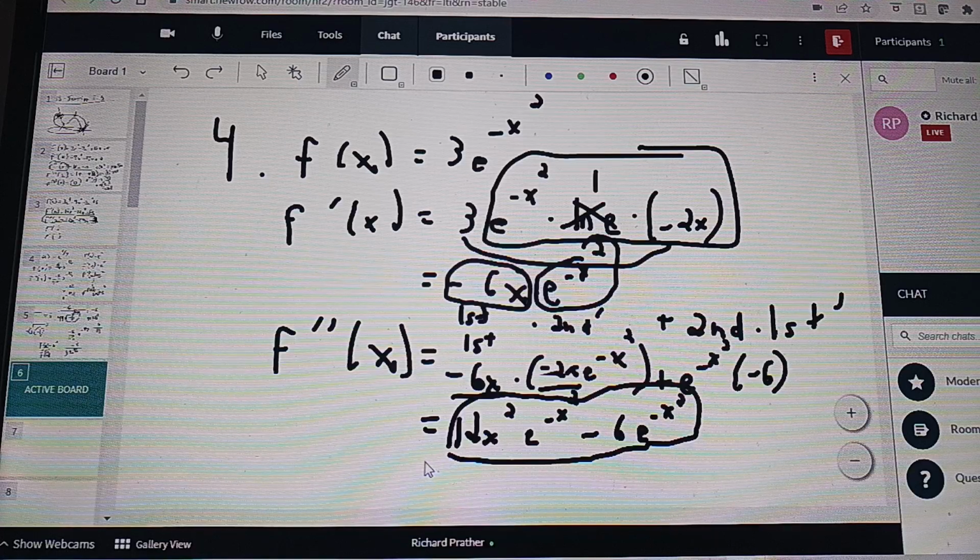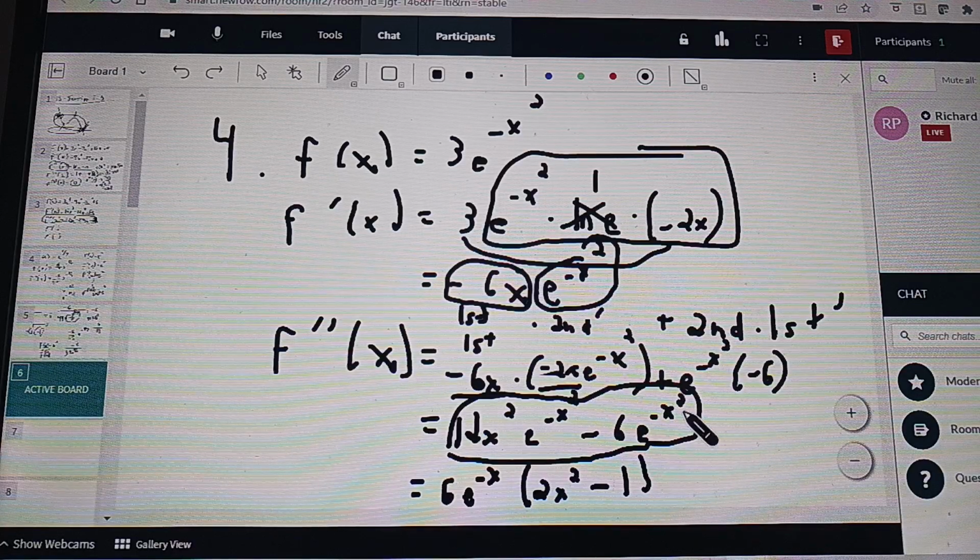If somebody wanted to do a GCF, you could pull a 6 e to the negative x squared out. And that would leave you with 2x squared minus 1, literally. This whole thing is the GCF right there.